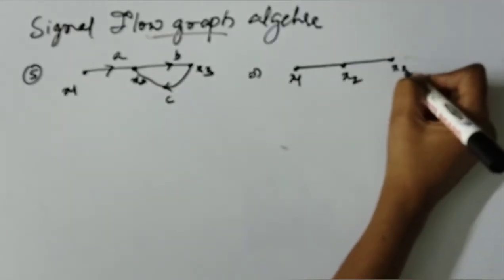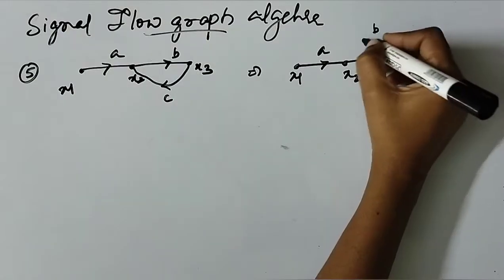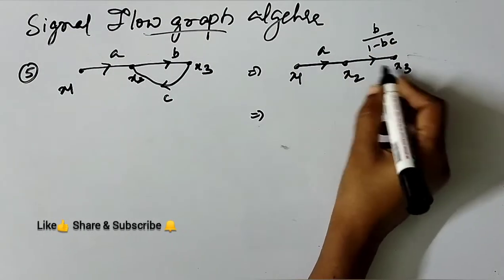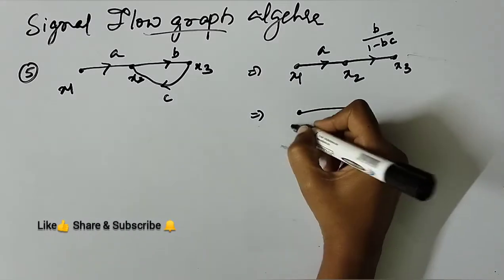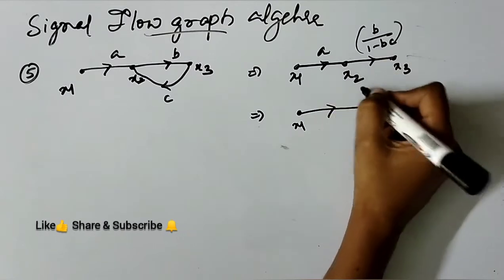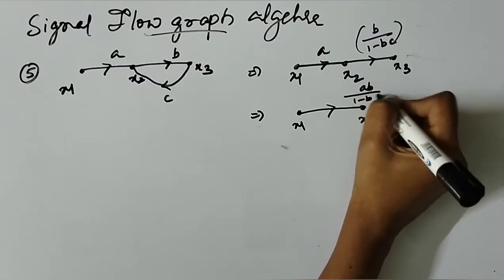From x1 to x2 is A, and B is divided by 1 minus BC. We'll combine these into a single branch, as both are in cascade now. So AB by 1 minus BC.